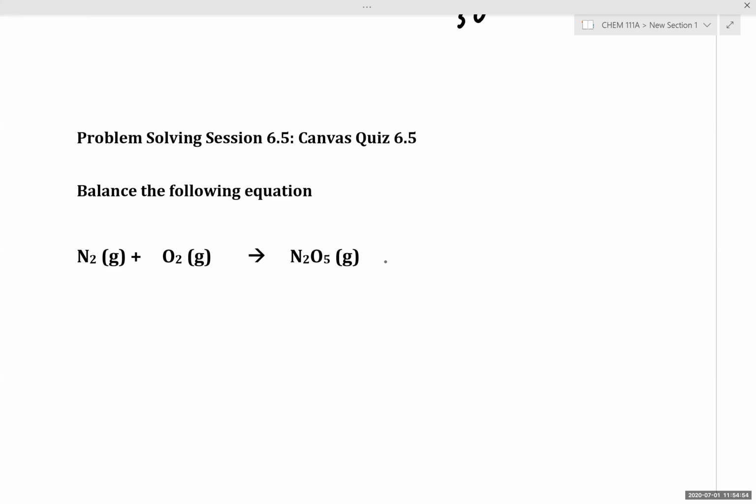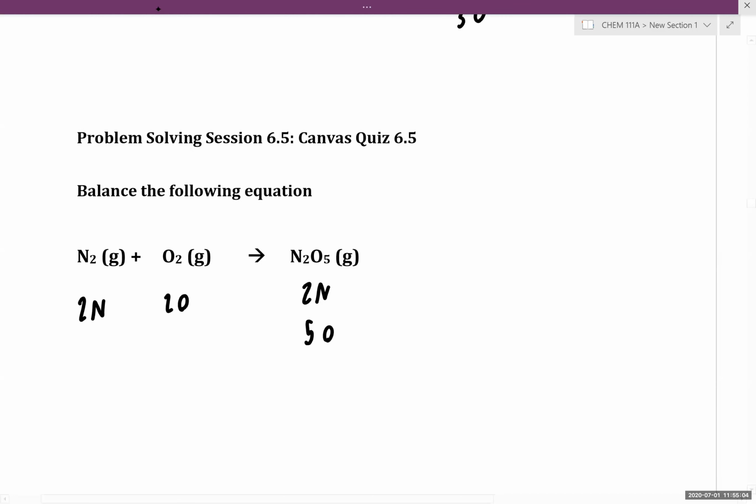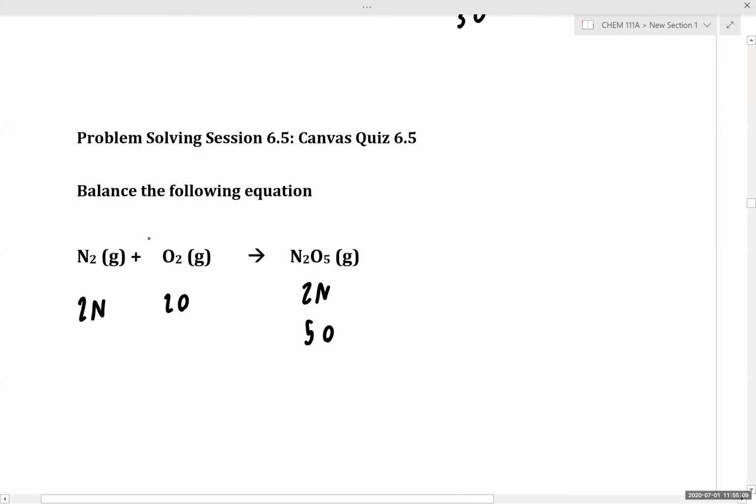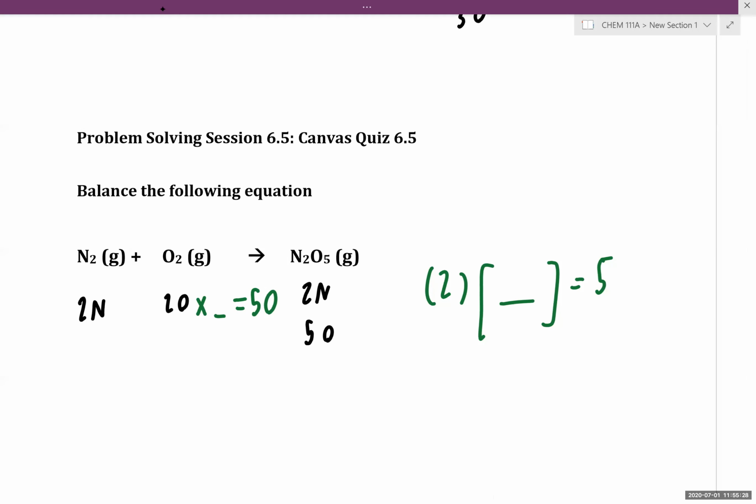Okay, so let's discuss this example. So we have 2 nitrogens and 2 oxygens on the left-hand side, and we have 2 nitrogens and 5 oxygens on the right-hand side. Now, instead of just balancing using the least common multiple method, let's try to play a guessing game and figure out 2 times what fraction would give us 5 oxygens.